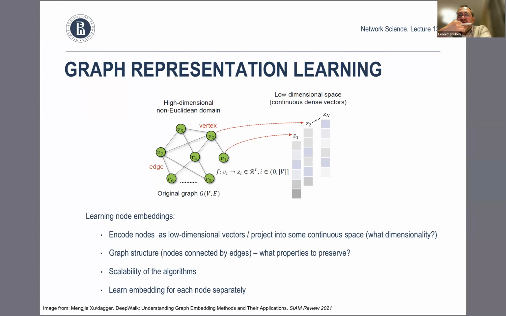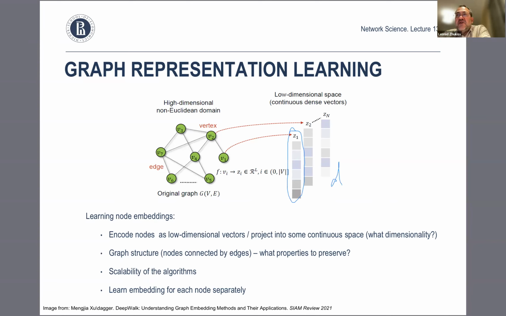So here is a little bit more detailed picture. We have a graph where we have every vertex, and for each vertex, we literally want to find a vector of some length d, and that's the dimension.